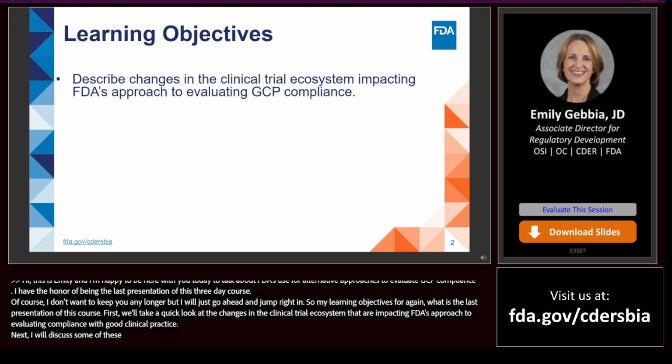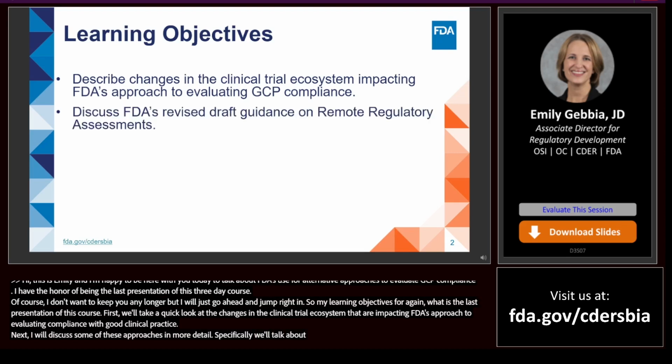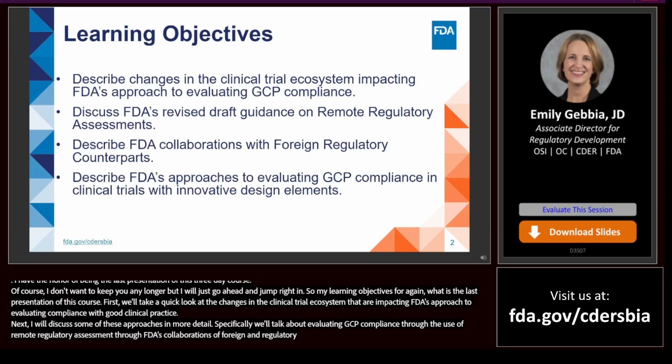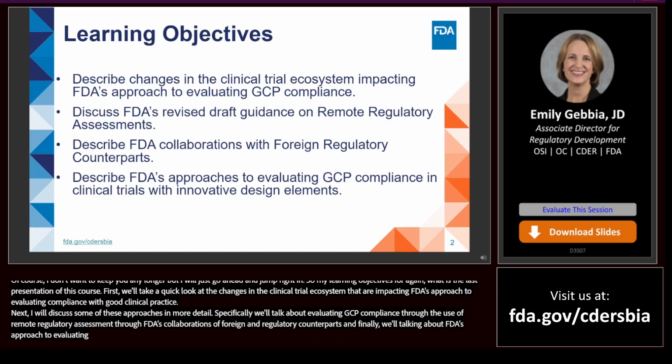Specifically, we'll talk about evaluating GCP compliance through the use of remote regulatory assessments, through FDA's collaborations with foreign regulatory counterparts, and finally, we'll talk about FDA's approach to evaluating GCP compliance in clinical trials with innovative design elements, many of which you've heard discussed during this course already.